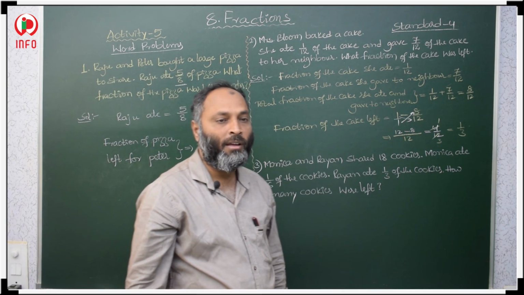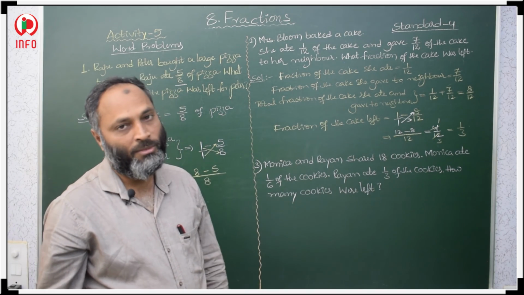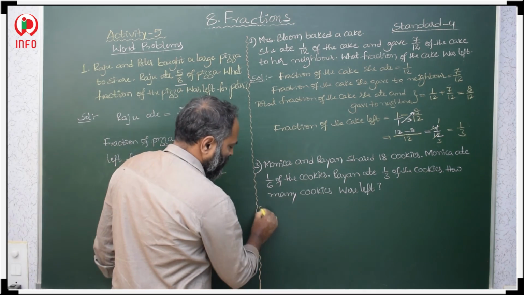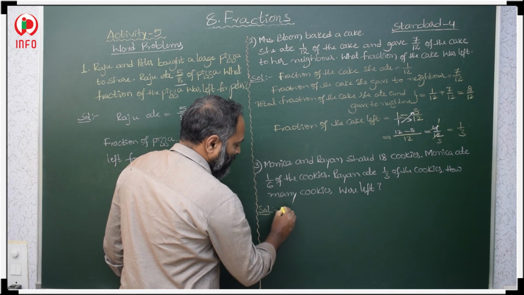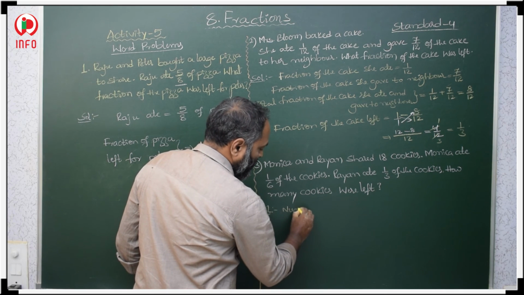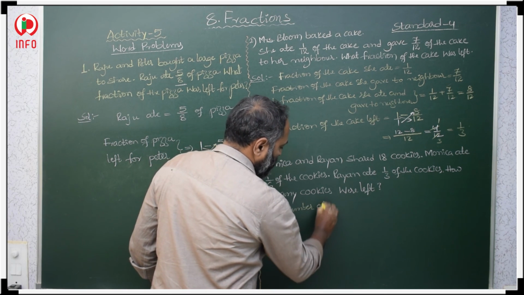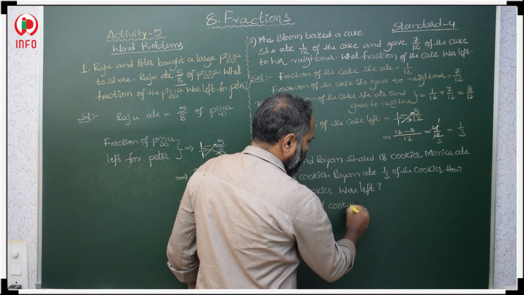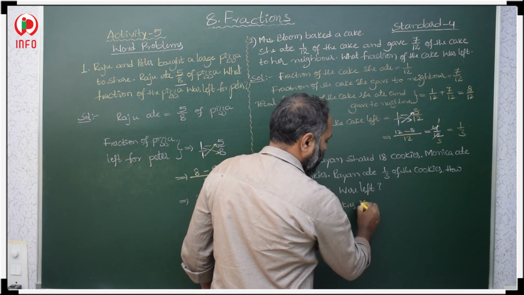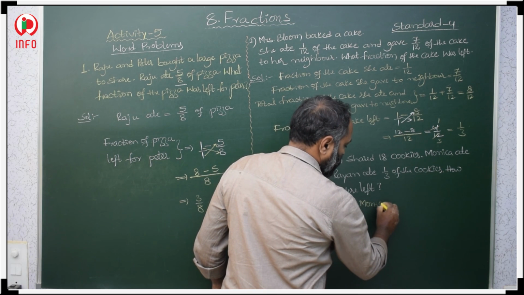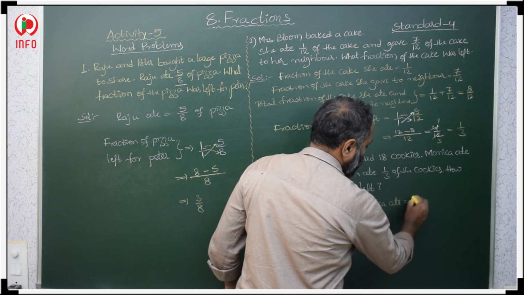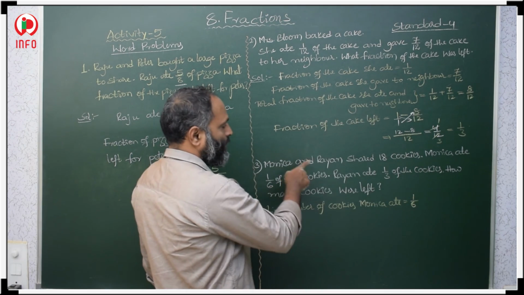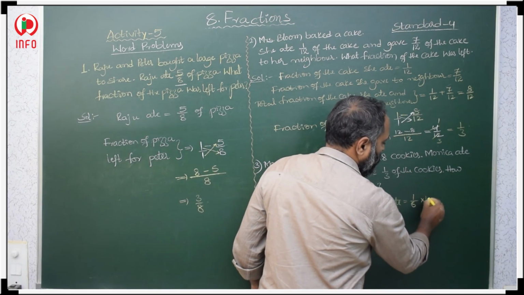Then from the total cookies we subtract. First, the number of cookies Monica ate: that is 1 by 6th portion, 1 by 6th times the total 18 cookies.